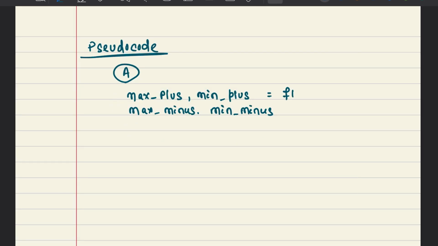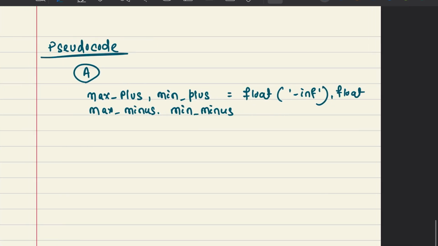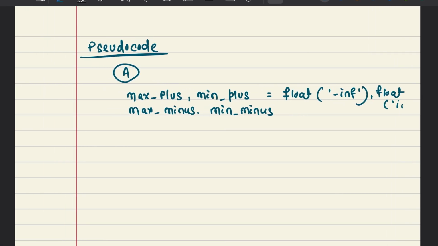Here we can just define it as float. Max will be minus infinity, min will be plus infinity, and here also the same, max will be minus infinity and this will be plus infinity.